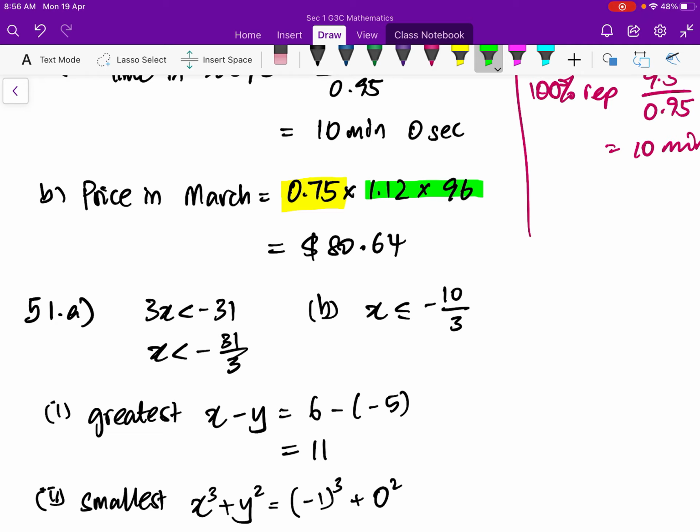Increased by 12% means 112%, 1.12. And that's where I get my 1.12. 1.12 of what? 1.12 of $96. So everything in one line. And let me check my calculation. 0.75 times 1.12 times 96. And we get $80.64. That's the price in March.